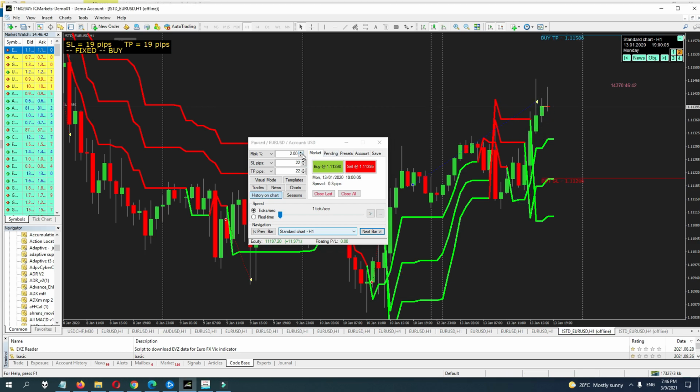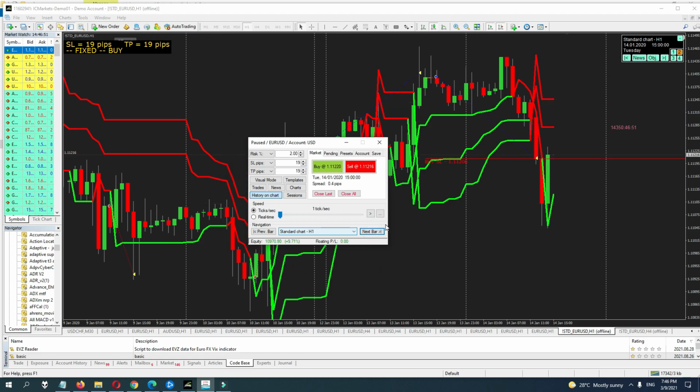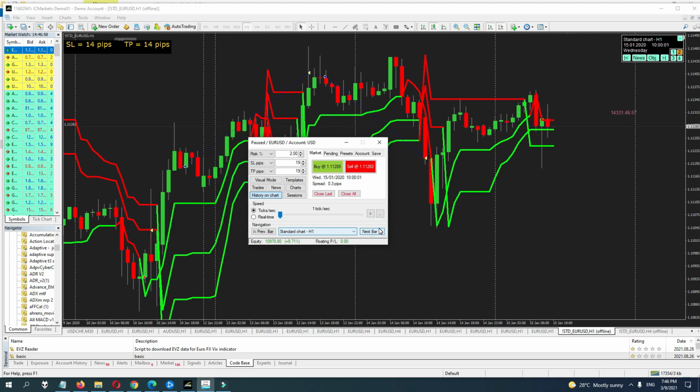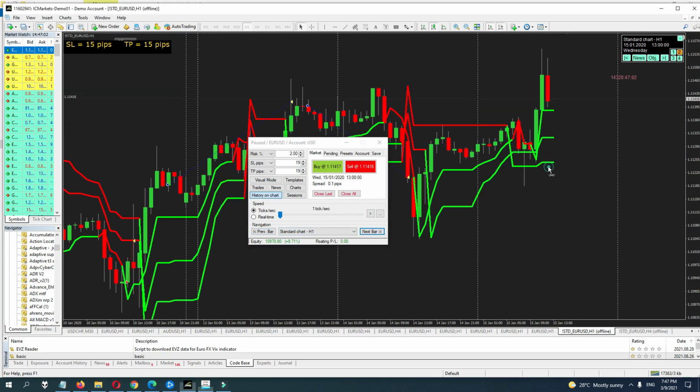Enter here. We cannot enter here because we need all of them to be red. We can buy here.